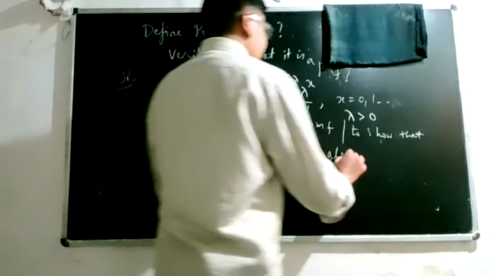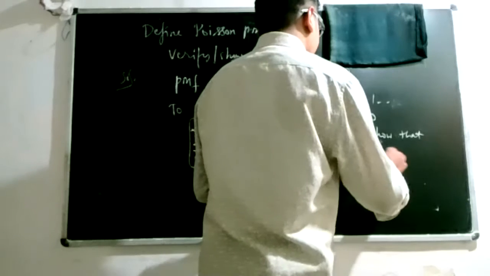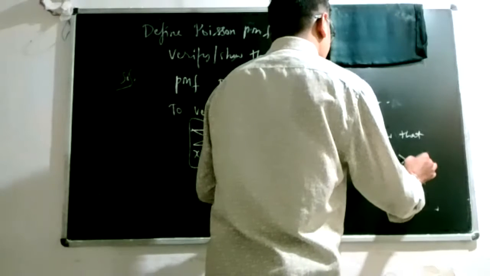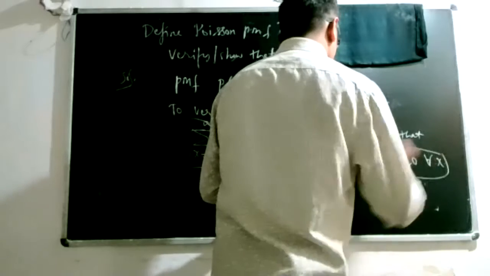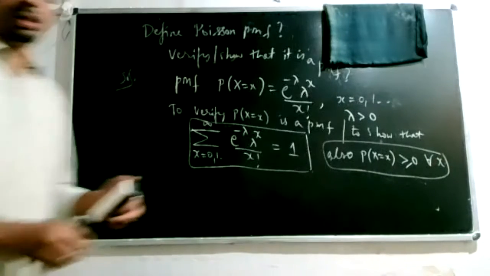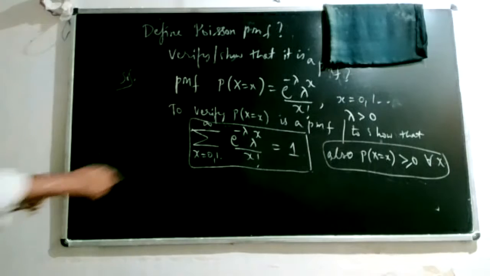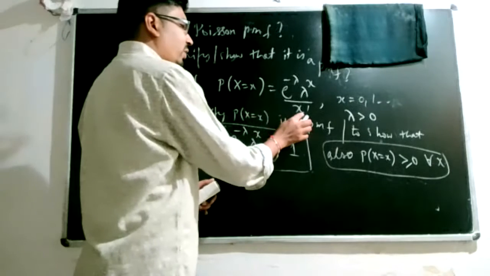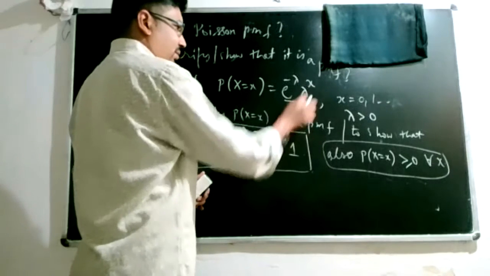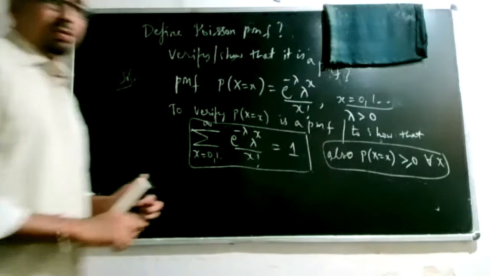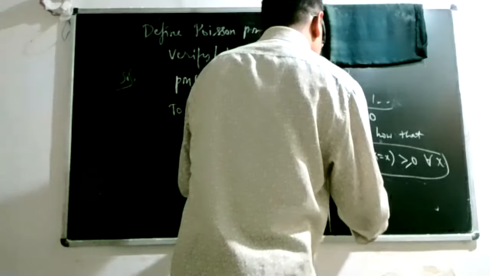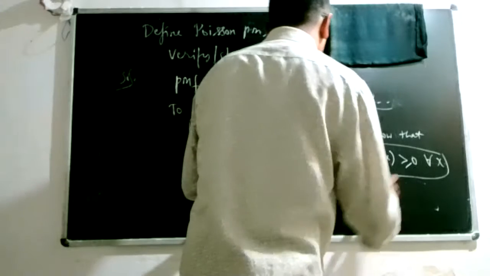And also we have to show that P of X equals x is greater than or equal to 0 for all x. But that is easily observed. In almost all the PMF cases, the function is defined such that whatever you substitute as x, of course within the range of x, you will always observe a positive value. E power minus lambda is always positive.